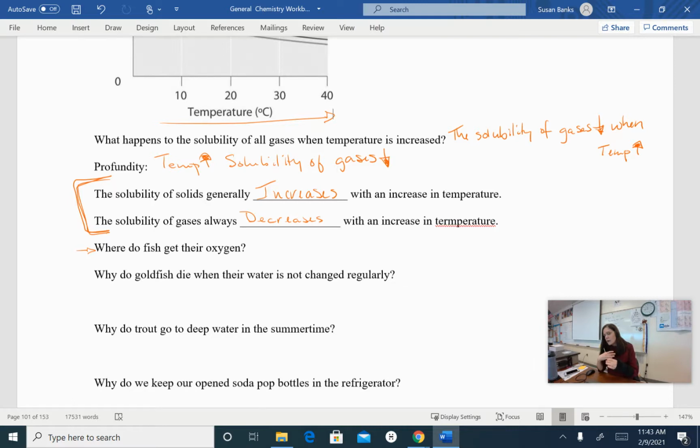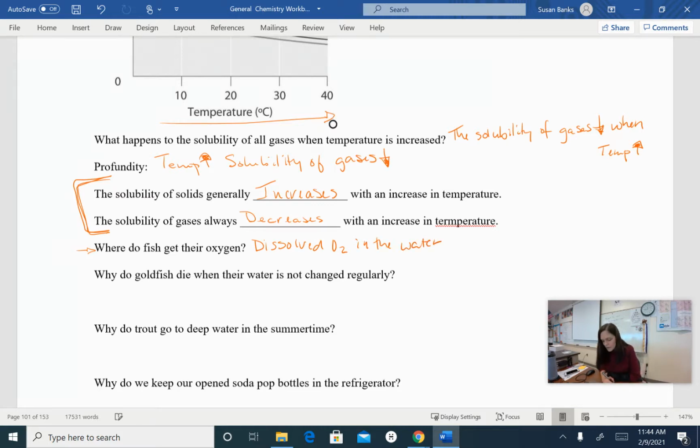Now, are they breaking the water apart like the H2O? Are they breaking that oxygen off of the water? No. They're using dissolved oxygen that is dissolved in the water. So they get their oxygen from dissolved oxygen in the water.